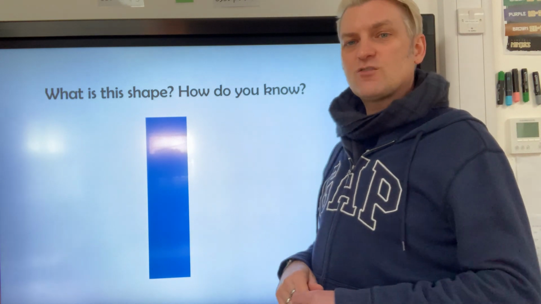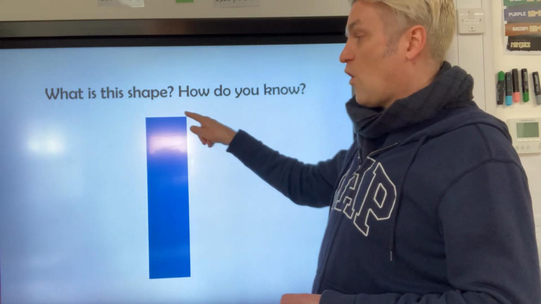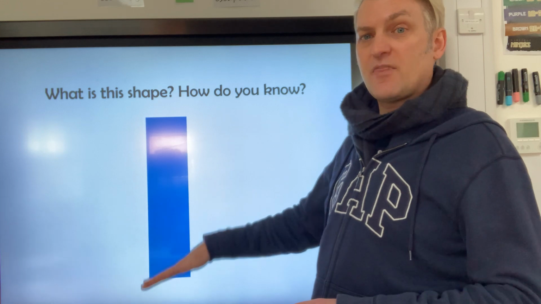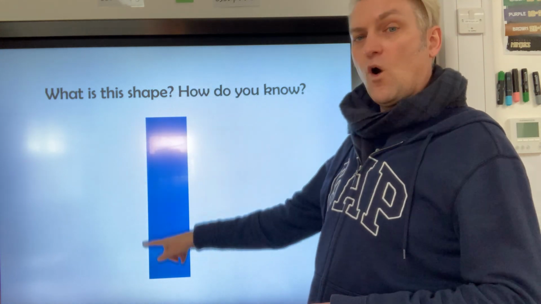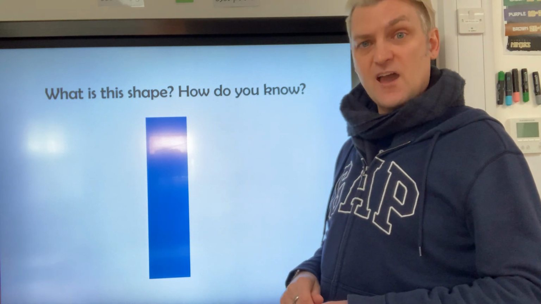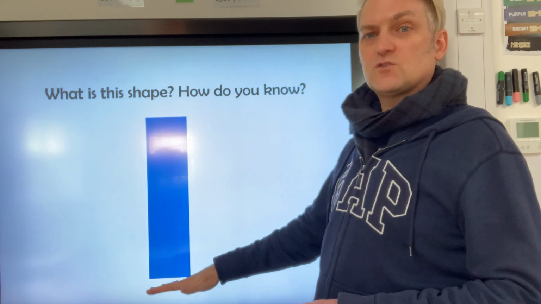The things that you need to remember about a rectangle or an oblong, they've got 1, 2 short sides, and remember they are opposites. And they've also got 1, 2 long sides, and they are opposite as well. So we've got 1, 2, 1, 2.